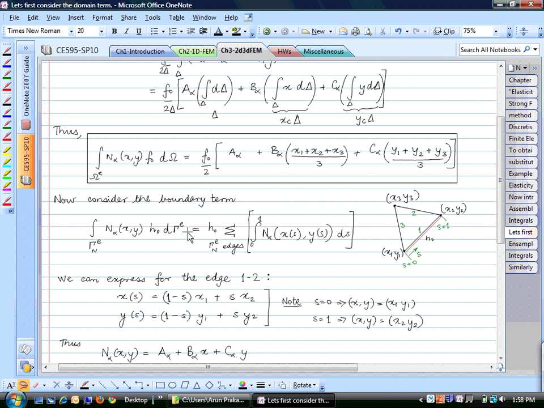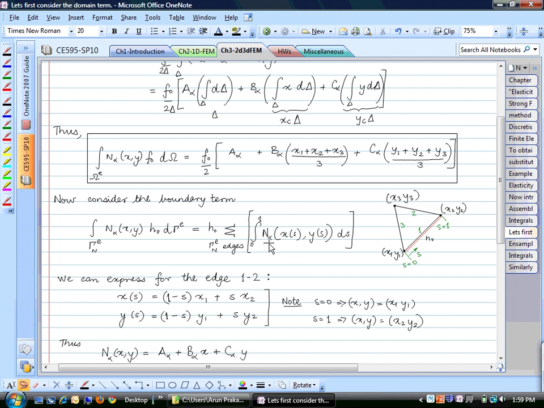So we are going to write this out in a different manner. We are going to pull this h naught out of the integral, and since the boundary of the triangle is 3 edges, it is possible that all the 3 edges are being given some sort of a heat flux, but in general only 1 or 2 boundaries of the triangle will be specified with a heat flux.